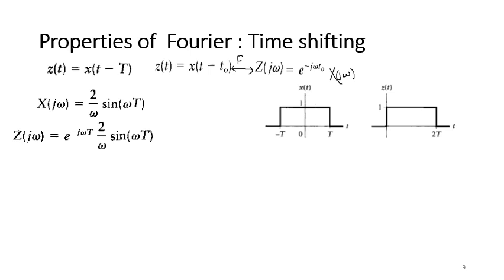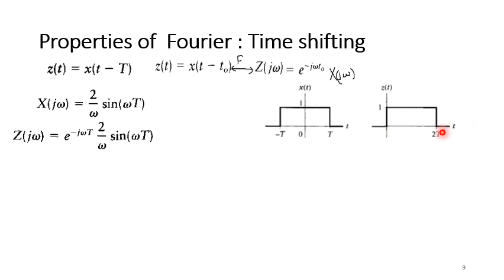So let's consider a numerical example here. For example, x of t is as shown here, and when we shift it by a factor of capital T, it will be shifting to the right.